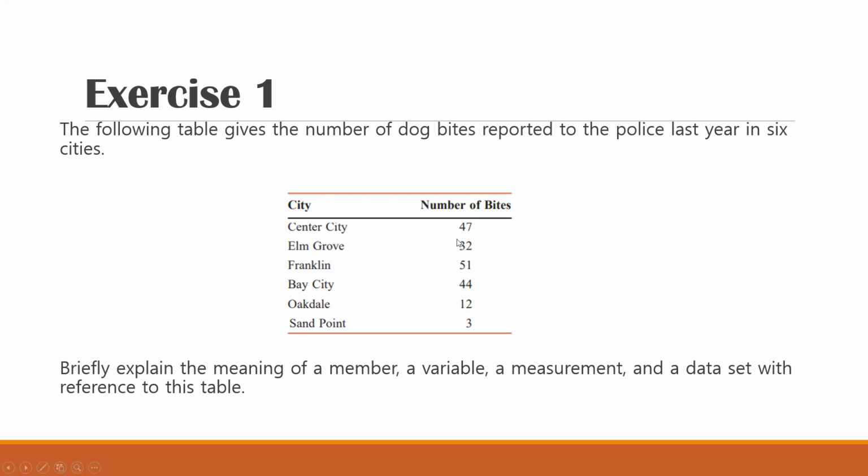The variable is the number of bites. The measurement is Center City 47, Elm Grove 32, Franklin 51, and the data set is the entire thing. A measurement involves the number of bites per city. So that's your measurement. And the data set is the entire thing.